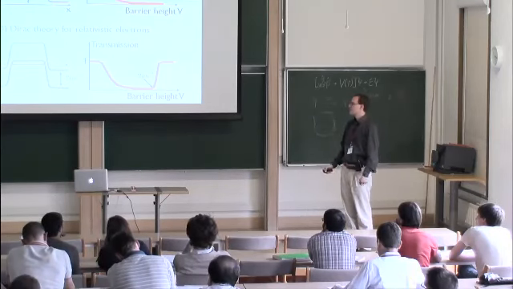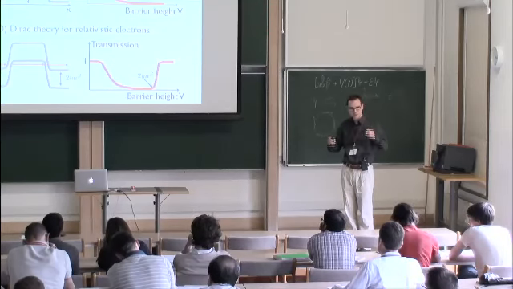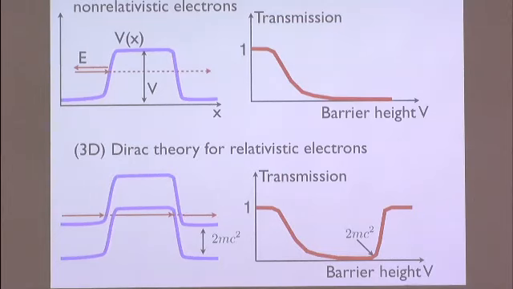Now, what happens for relativistic electrons, but still real relativistic electrons with a finite mass in 3D, described by the Dirac equation? Now, like for our case with the two Dirac cones, there will be the positron band of energies smaller than 0, and an electron band of energies larger than 0, and there will be a gap between them, quite unlike our situation, given by the mass.